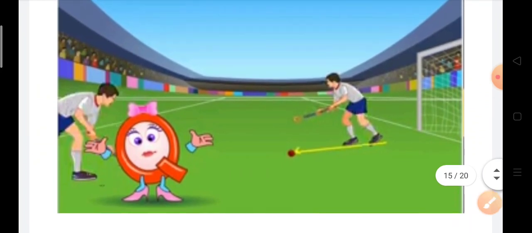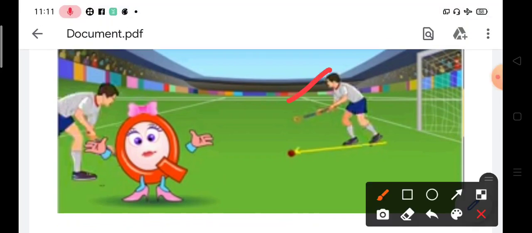Now you can see over here, these two boys are playing hockey, and this boy has hit the ball from this position and the ball has reached over here. So the direction was over here and it reached this position.